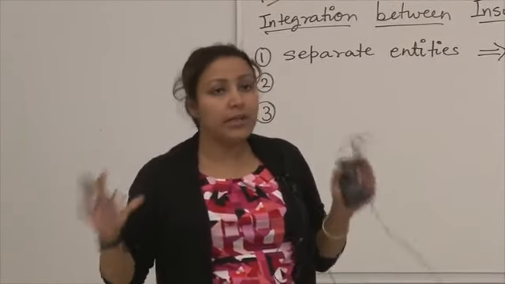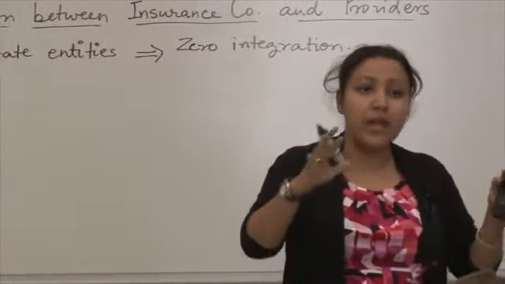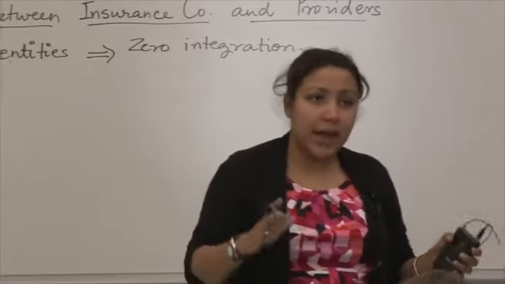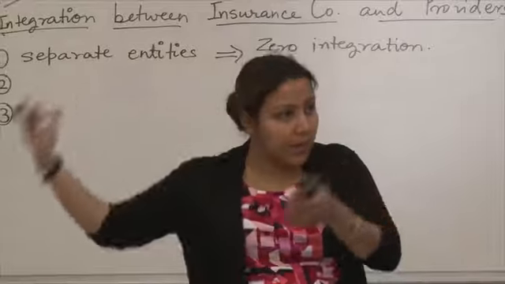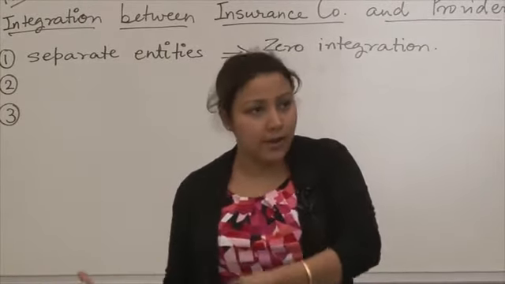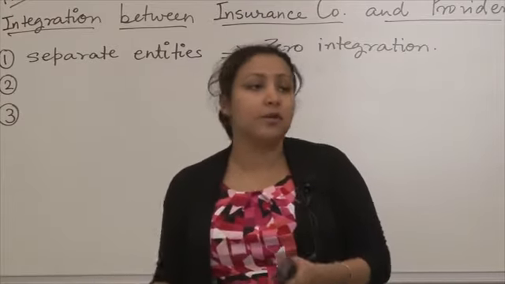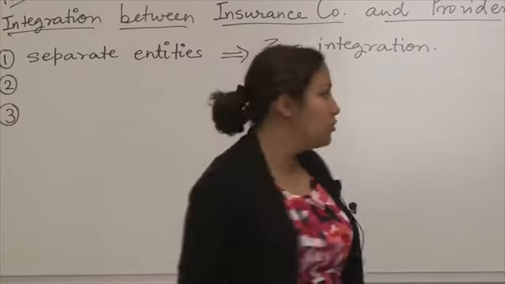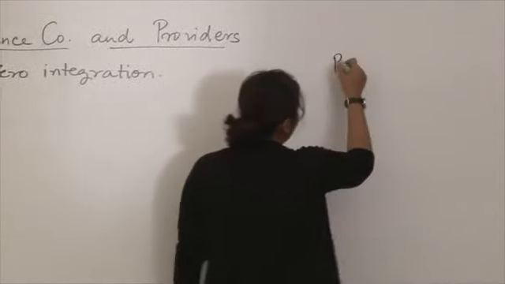The only linkage between them is that the patient is paying a premium to the health insurance company, and in turn the patient is receiving some care from the healthcare provider, and in return for the care that the healthcare provider gives to the patient, he receives some payment from the health insurance company. So, the only thing that is happening here is a channel.